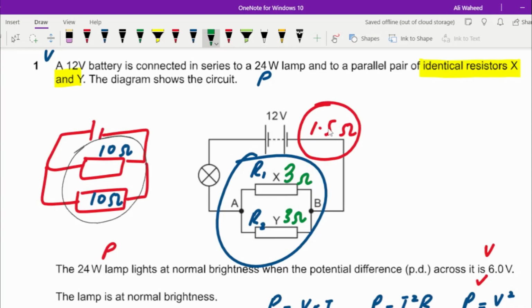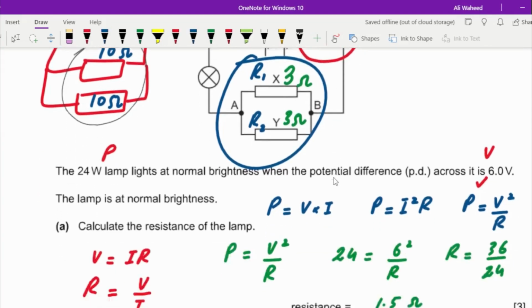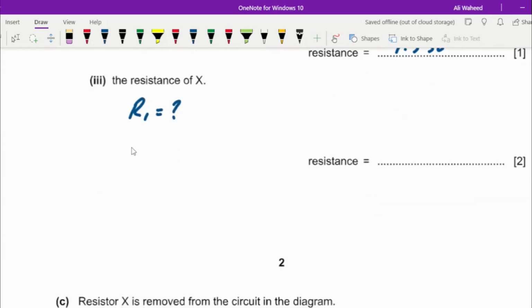If two identical resistors are connected in parallel and you need the individual resistance, going the reverse way you multiply the total resistance by 2. So the answer for this one would be 1.5 times 2, which is 3 ohms.